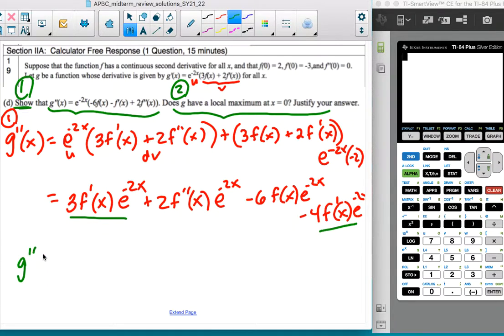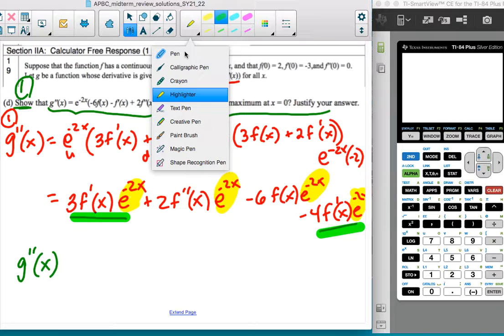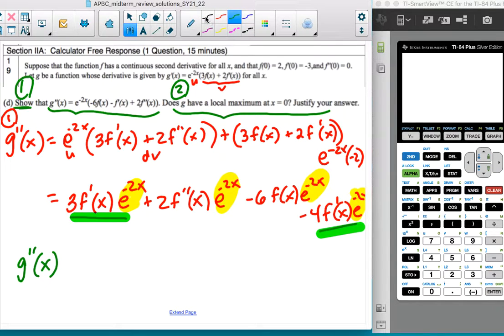So I get that g double prime of x equals, and then there's a ton of GCF here because I can factor out essentially the e to the negative 2x from all of these, right? So I'm going to combine these two in as like terms, and everybody else I should have a pretty straightforward situation. So I'm going to factor out the e to the negative 2x GCF. And I'm just going to kind of cheat here. They put the f of x stuff first.